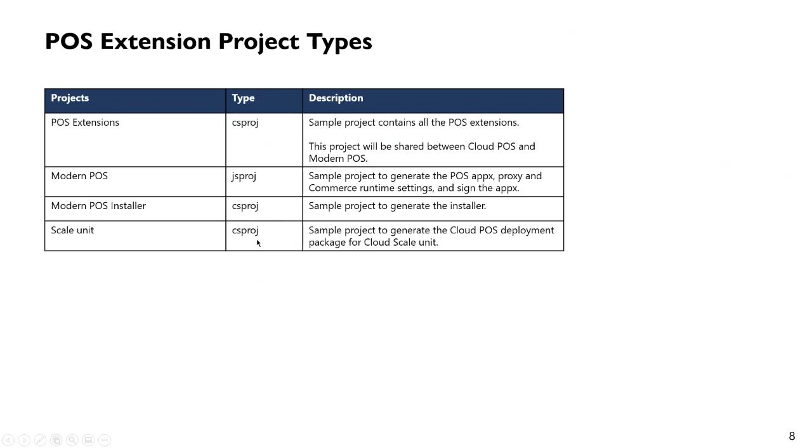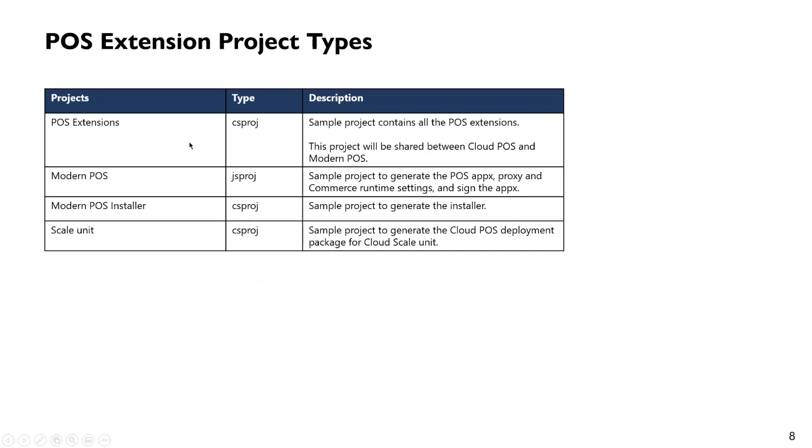The first thing is, it doesn't matter whether you're doing it for CPOS or MPOS, Cloud POS or Modern POS, you want to start with your extension project. This extension project is going to contain only your extension. If you're an ISV creating your extension app, you will create a POS extension project.